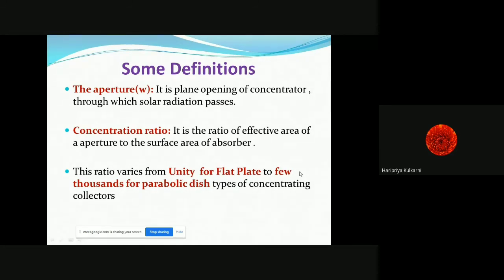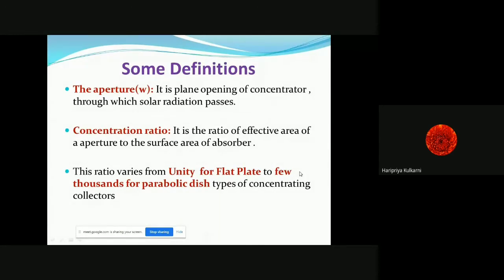Let us see what the concentration ratio is. It is the ratio of the effective area of the aperture to the surface area of the absorber. With a small amount of solar material, if we are getting more aperture, more solar radiations can be focused, then the concentration ratio can be increased.